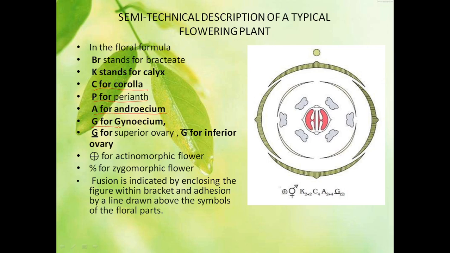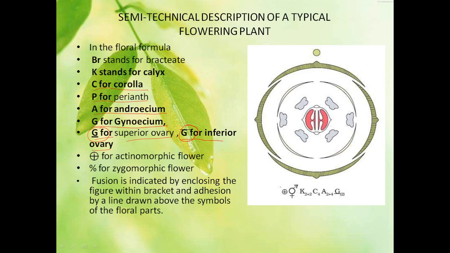G stands for gynoecium, and G with an underline is for superior ovary, and G with a line above is for inferior ovary. That means if the ovary is superior, we use G with the underline, and if the ovary is inferior, we use G with the bar, that is, a line above the G.